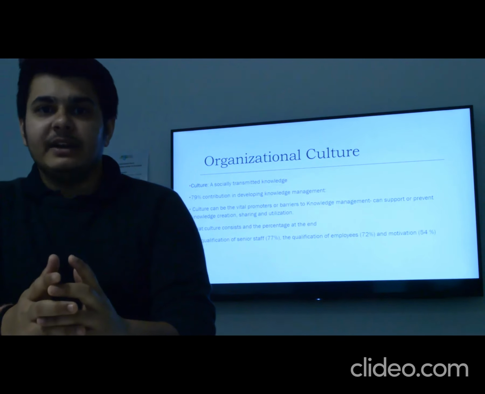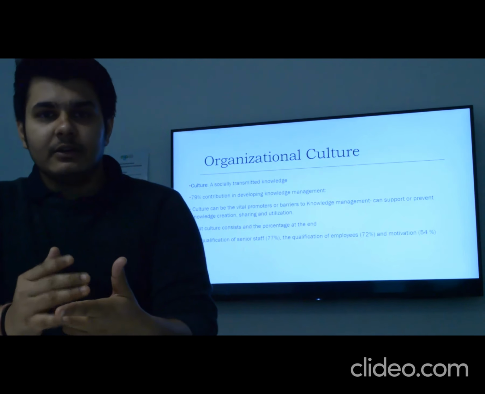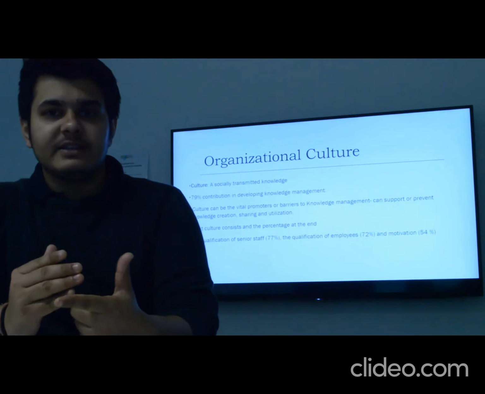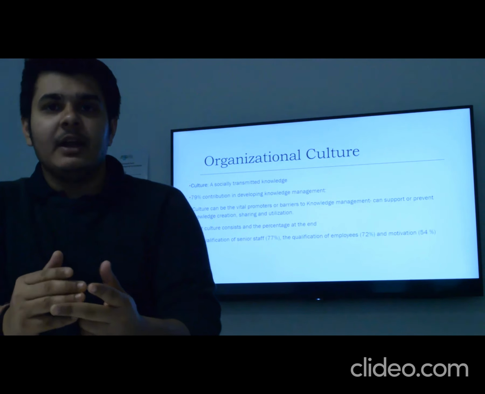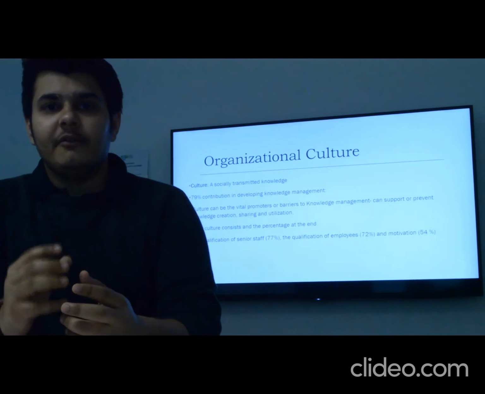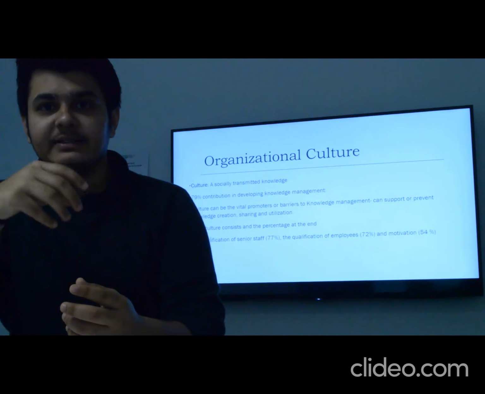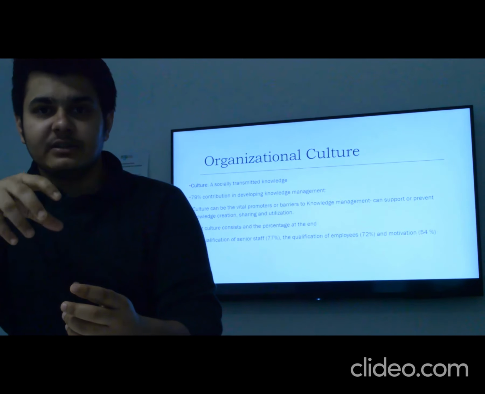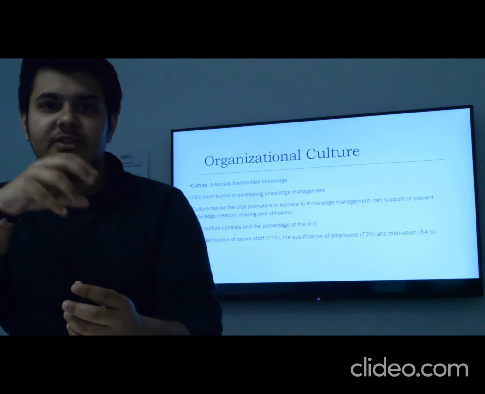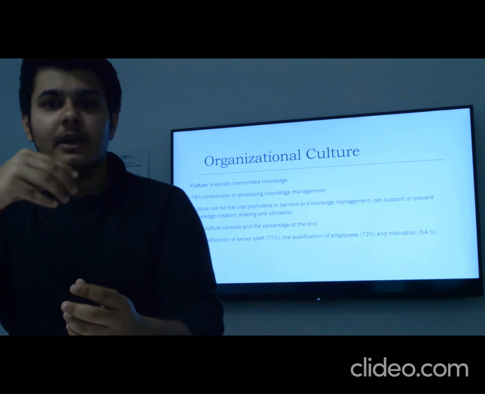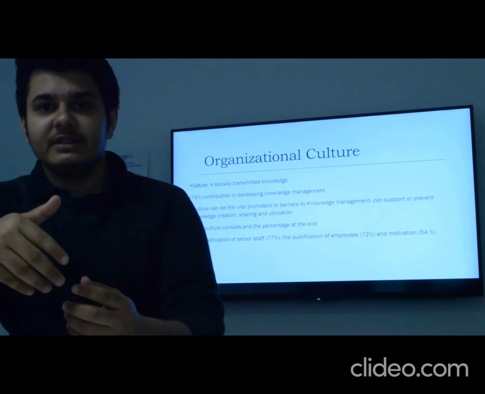Culture includes many things: norms, people, many skills, their environment, and so on. What I found through the research is that qualification plays the main role in organizational culture also. 77% of the senior staff's qualification has contributed to a more prominent knowledge management system.